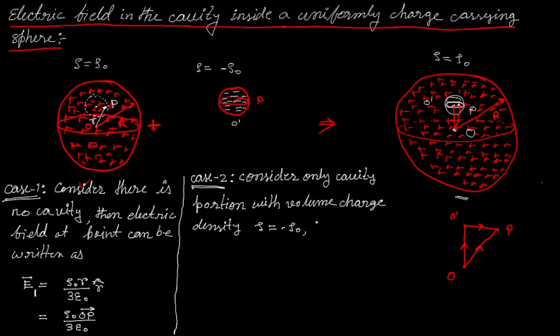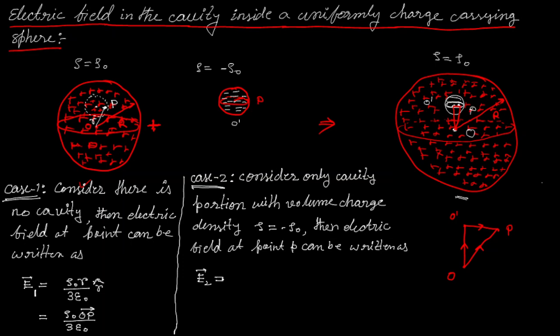So then the electric field at point P can be written as, let's say, E2.